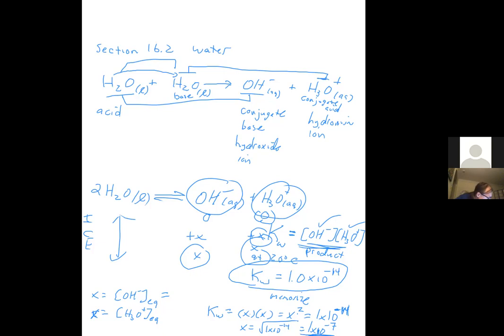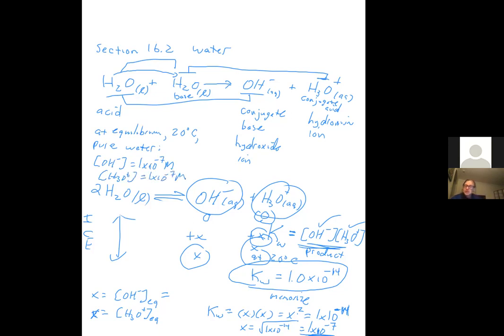So we can say that at equilibrium, and at 20 degrees C anyways, pure water has the following concentrations. Hydroxide, 1 times 10 to the minus 7 molar. Hydronium, 1 times 10 to the minus 7 molar.